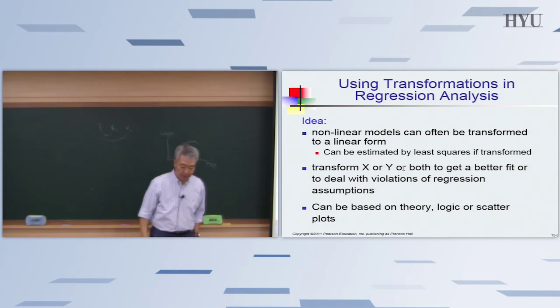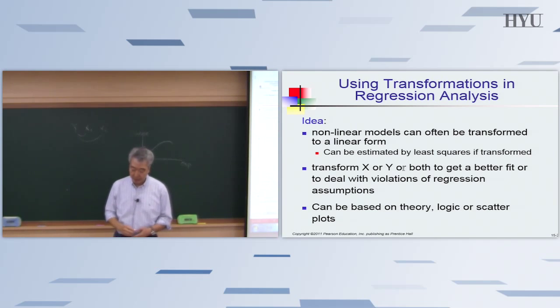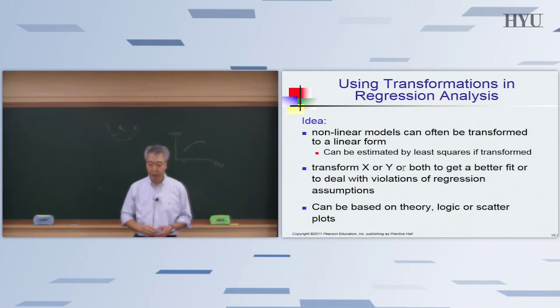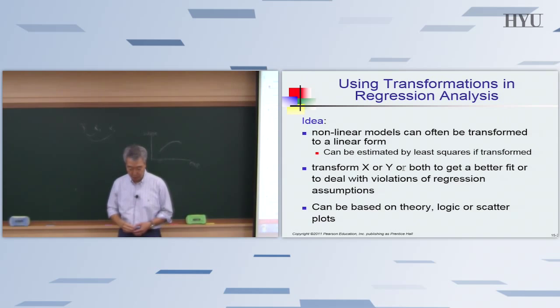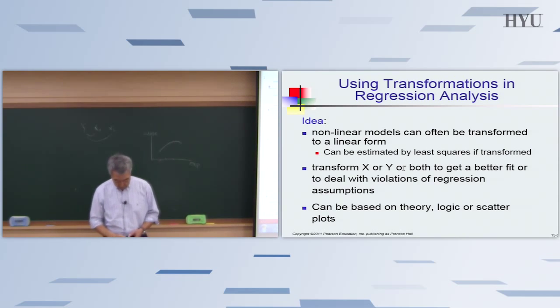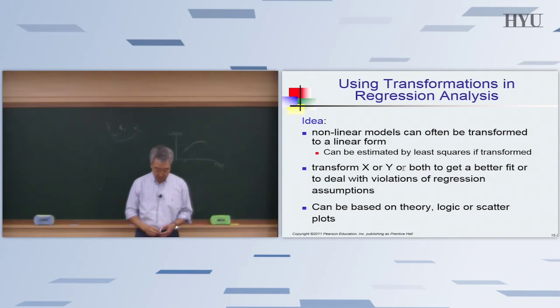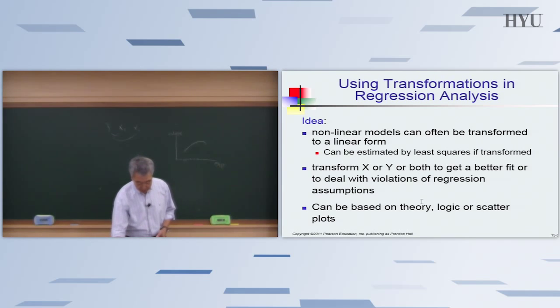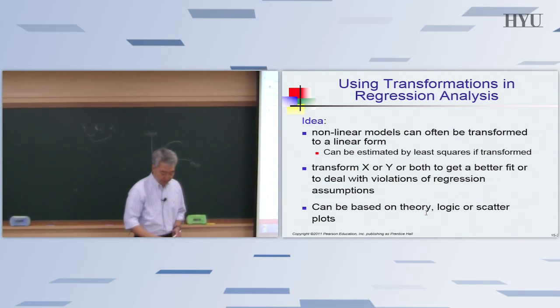So how do we handle this kind of nonlinear relationship when we need to include that information in our regression? That's the first thing that we're going to handle here.